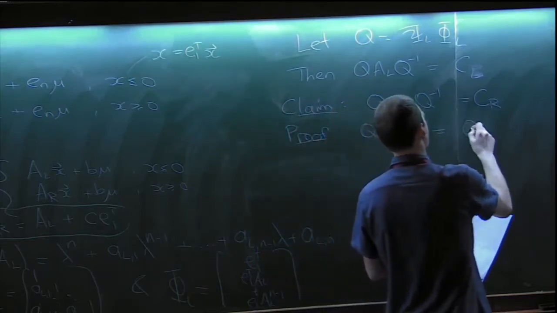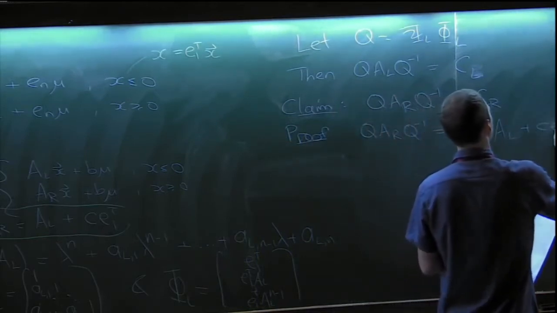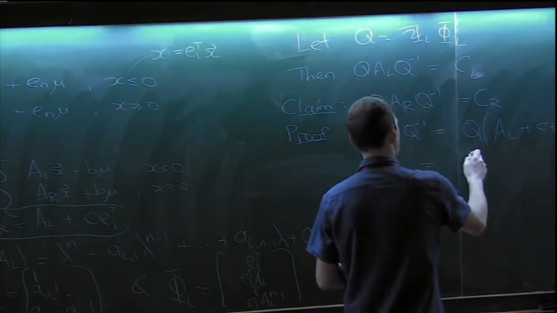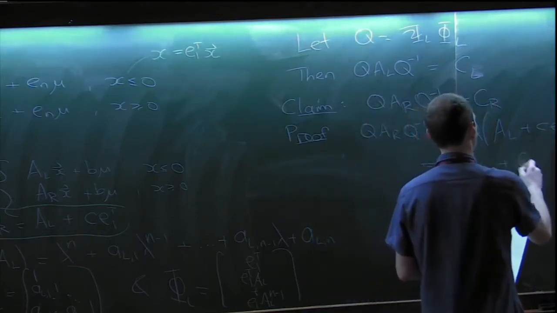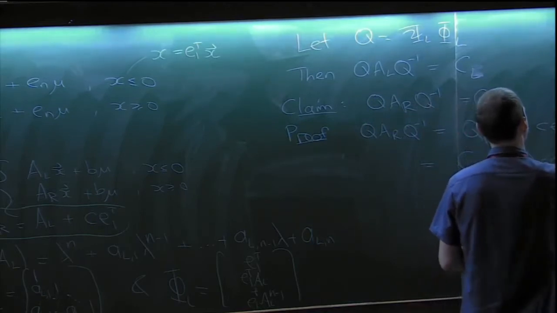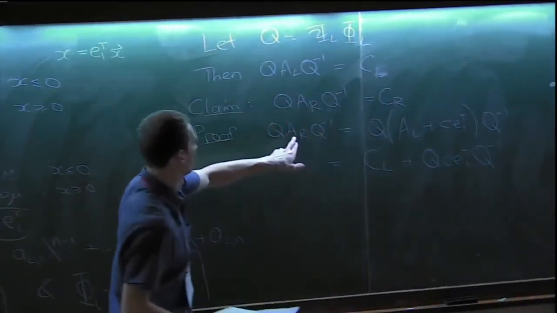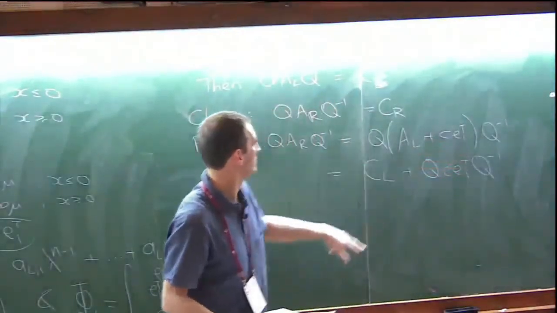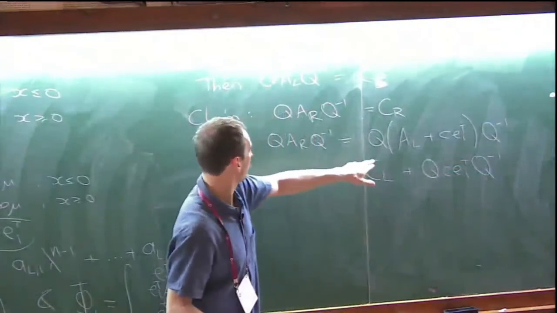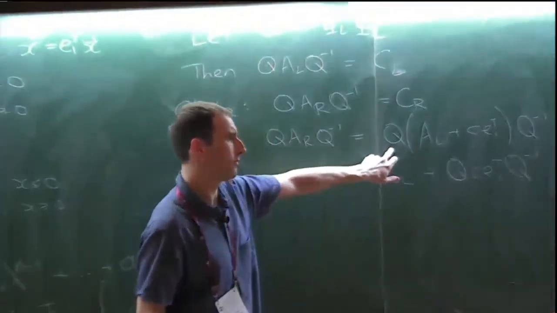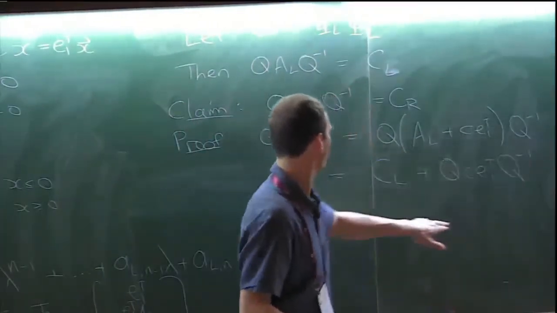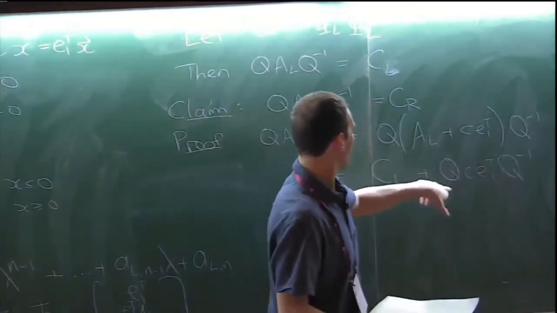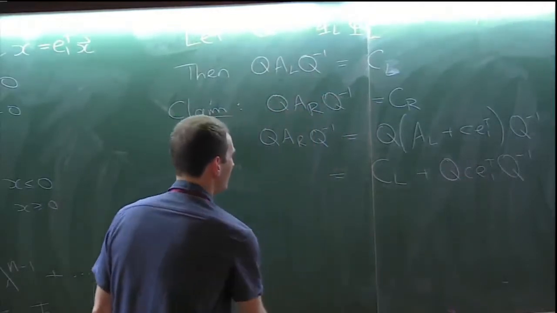Q AR Q inverse equals Q AL Q inverse plus ... Okay, so just substitute in the formula I have for AR, and then I'll expand the brackets. I already know that Q times AL times Q inverse is companion matrix CL. So what about this thing?